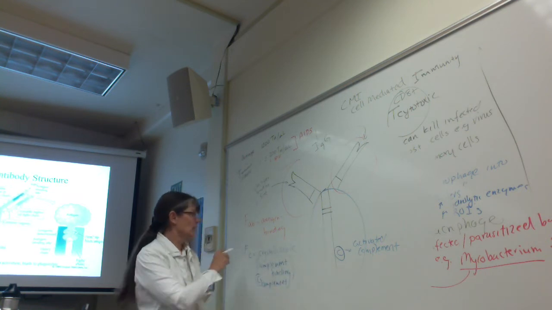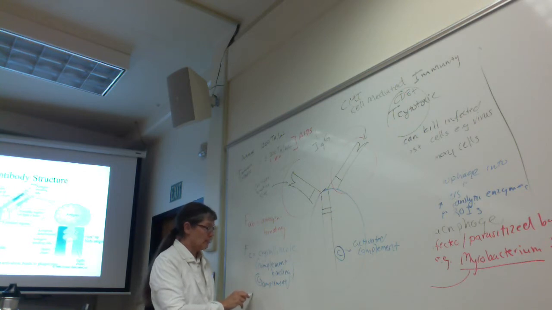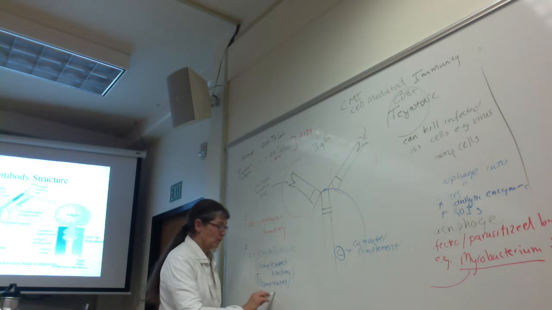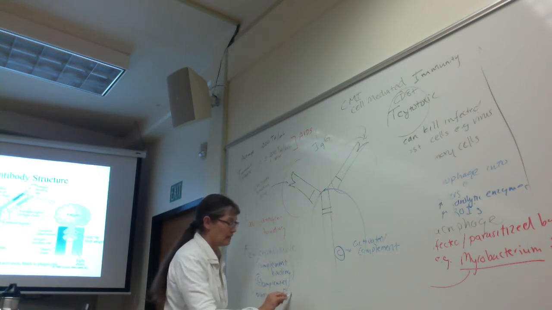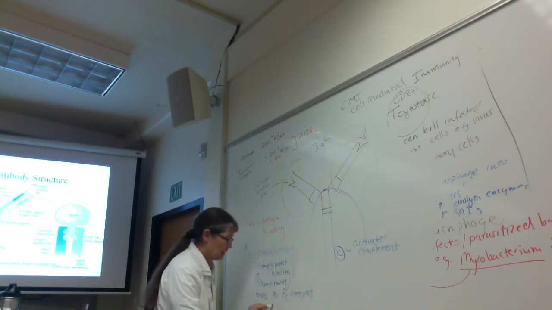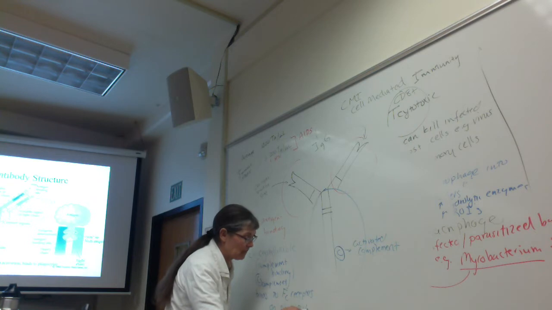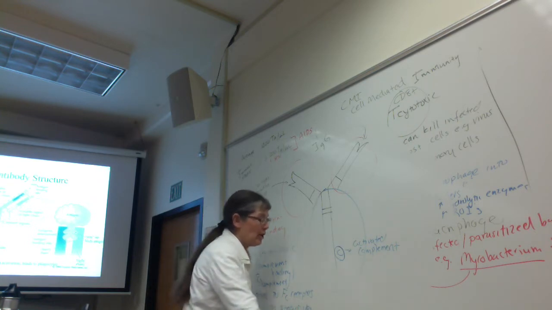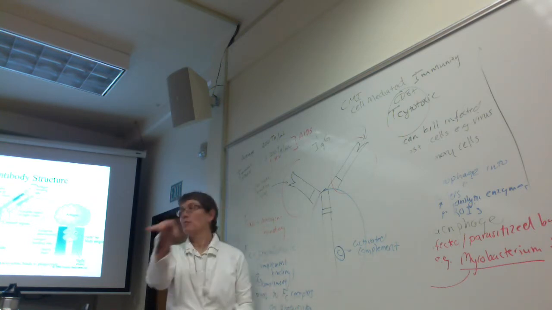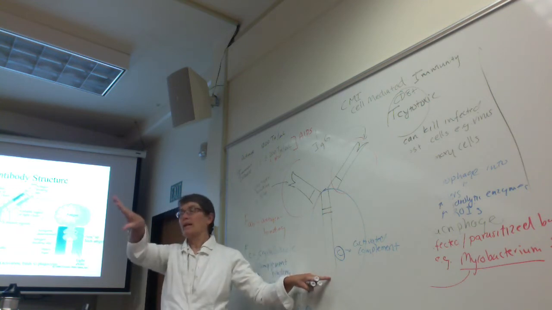And furthermore, the FC region can bind to FC receptors on phagocytes. We'll cartoon this. So if we can coat an invading pathogen with antibodies, the FC stem ends are going to be sticking out.